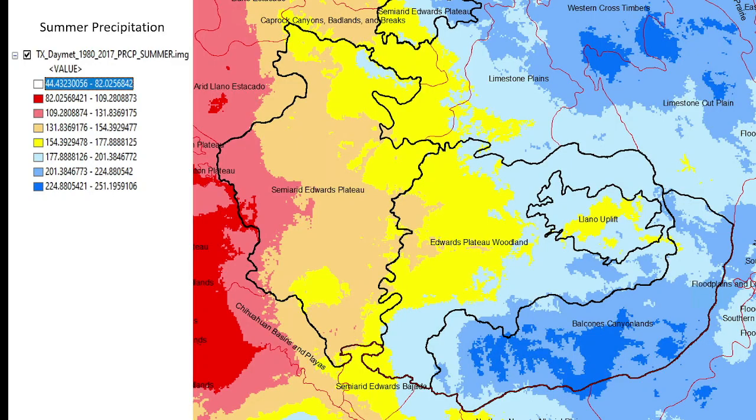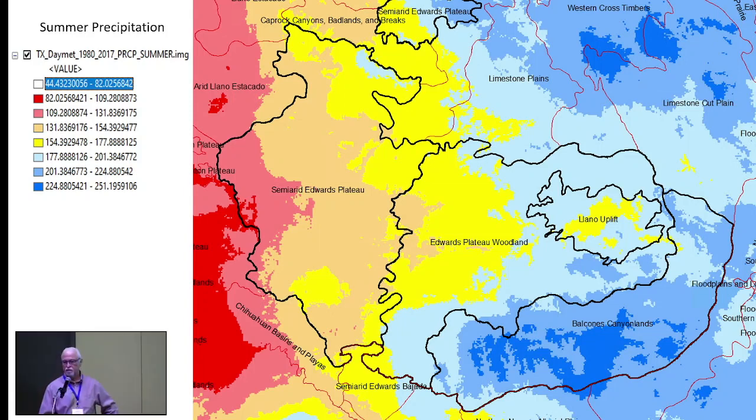Well, as I said, the precipitation is reduced to the west generally in North America, in the Great Plains. But in the Edwards Plateau, there's a precipitation increase to the south and in some places to the west. So that kind of bucks the trend of reduced precipitation to the west. So why is that?